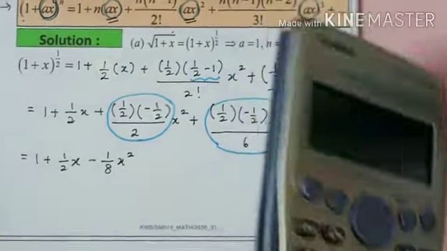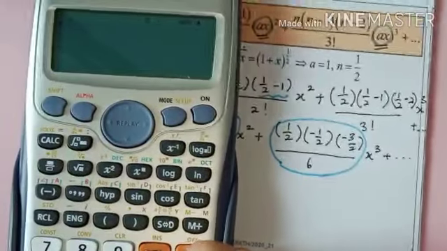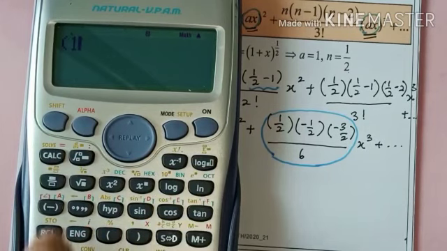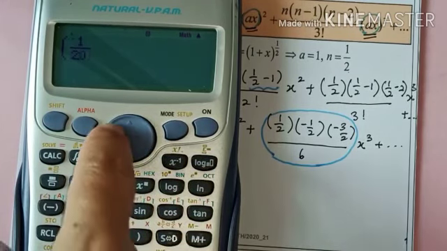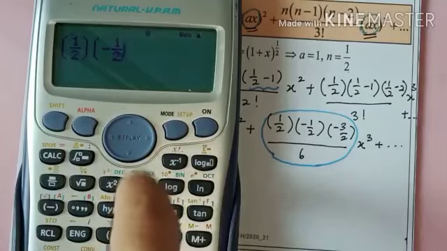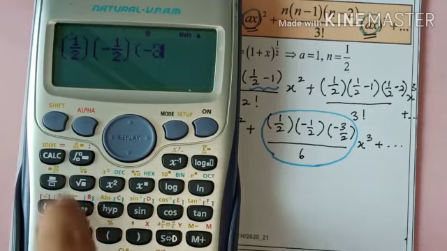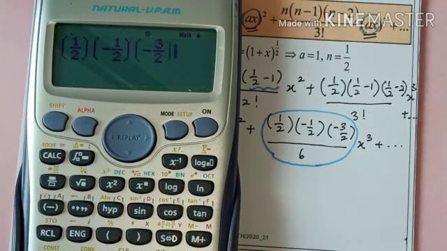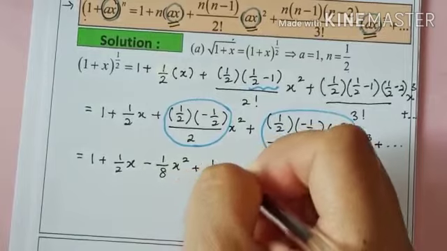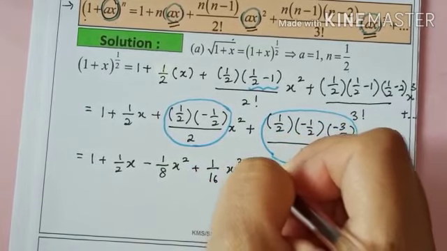And then for the last term, we insert the numbers: 1/2, the second bracket is negative 1/2, the third bracket is negative 3/2. Press equals and then divide by 6. You get positive 1/16, so plus 1/16 x to the power of 3.